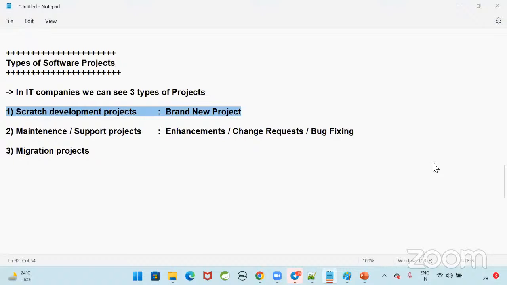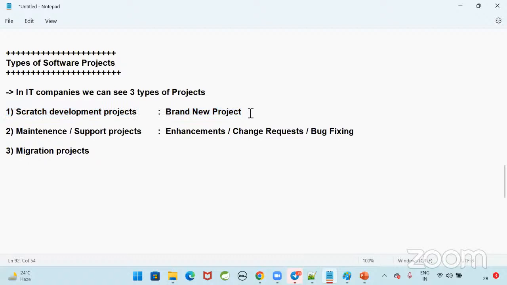A lot of learning scope will be available. You will do the designing of the project, the architecture of the project, and understand better solutions to implement. Everything you will understand from the beginning when you get the chance to work on a scratch development project.